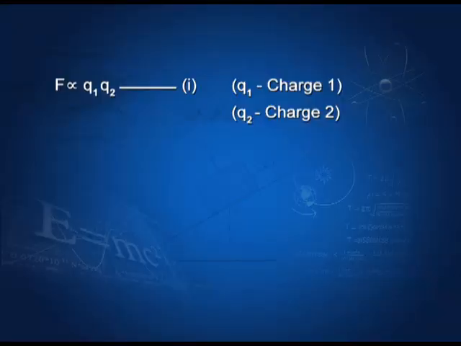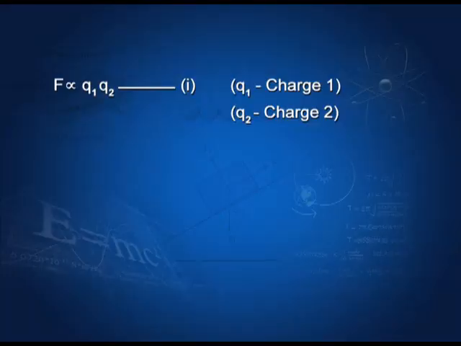So what have we got? We have got that F, the Coulomb force, is proportional to the magnitude of the two charges, where I have considered q1 as the magnitude of charge 1 and q2 as the magnitude of charge 2.